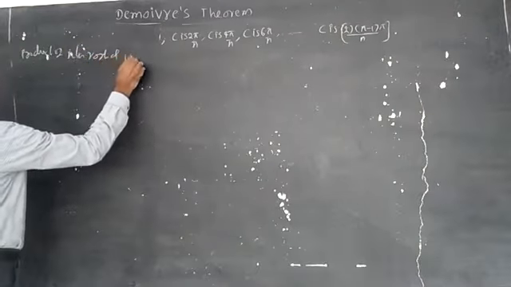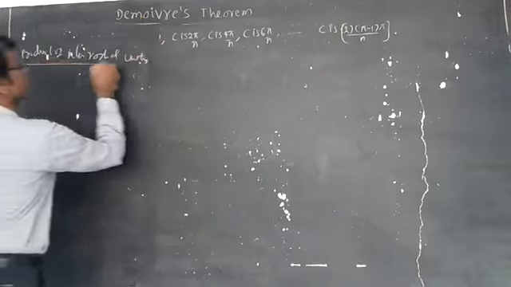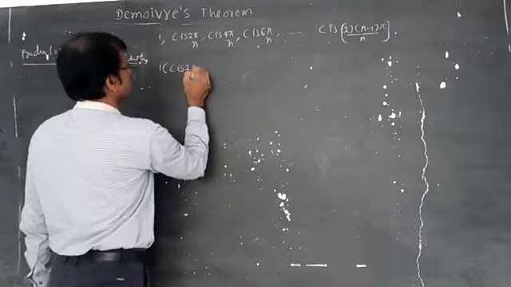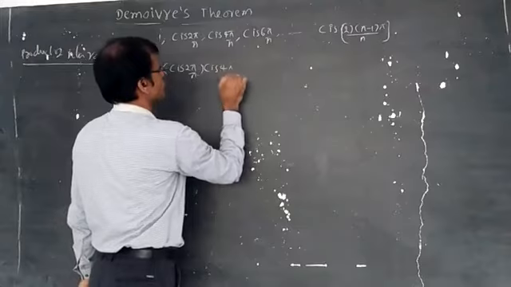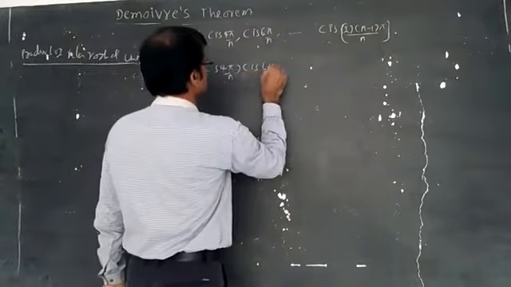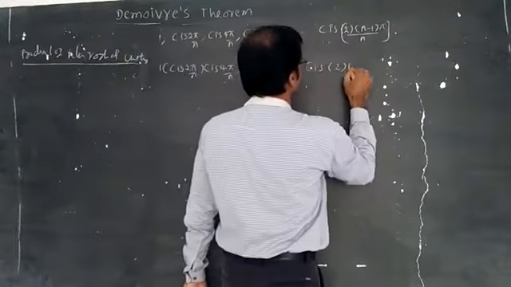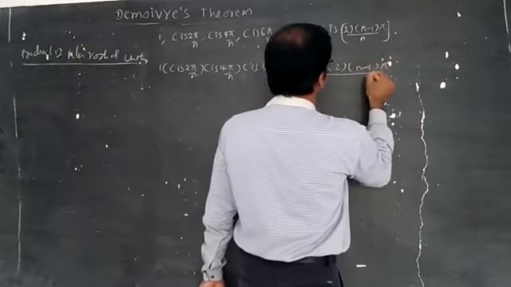Product means multiplication, write like this: 1 into cis 2 pi by n into cis 4 pi by n into cis 6 pi by n into so on, cis of 2 into n minus 1 into pi, whole by n.